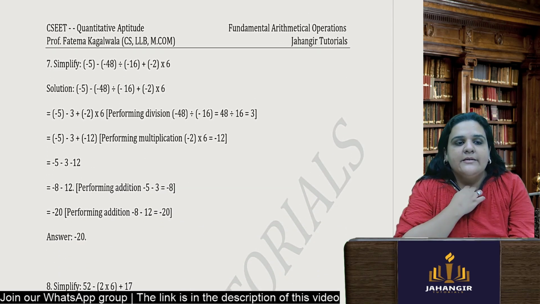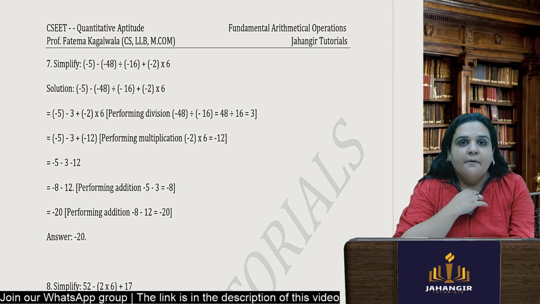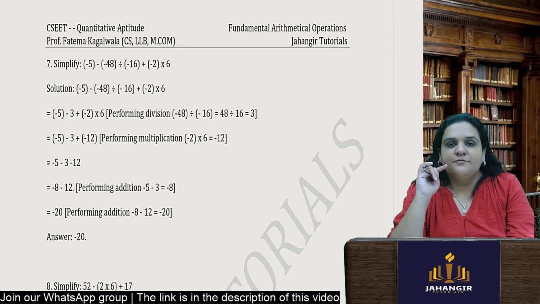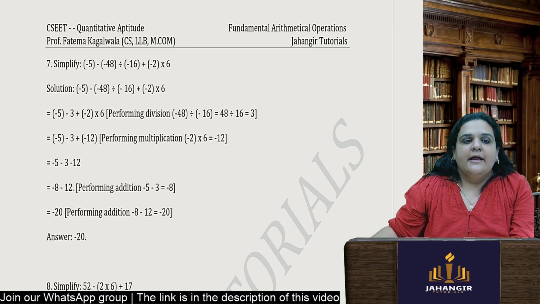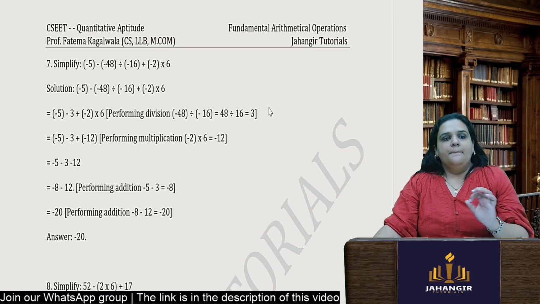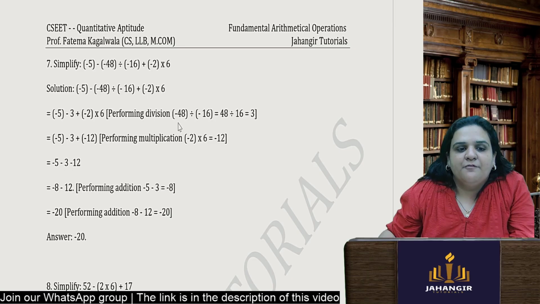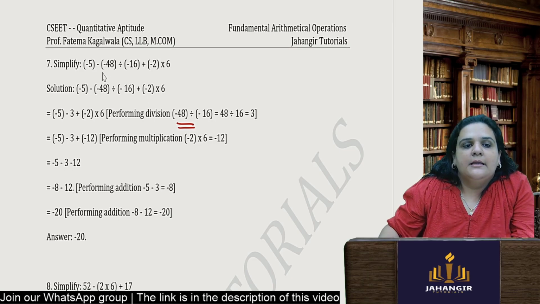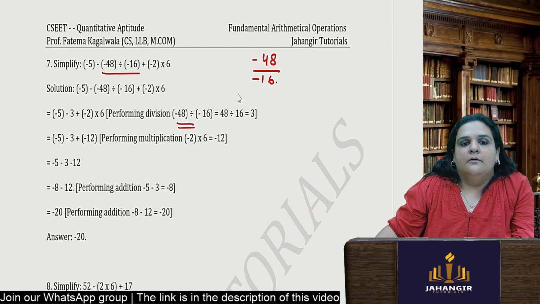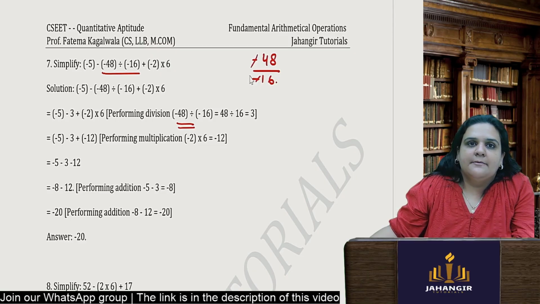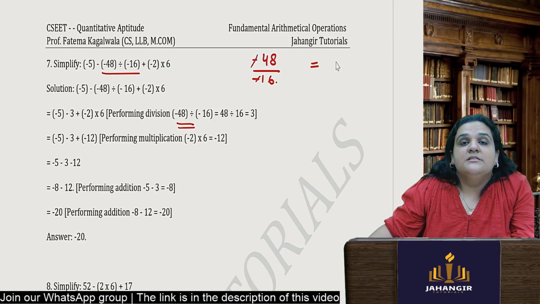Then 7th question. Minus 5 minus 48 divide by minus 16 plus minus 2 into 6. So first perform the division of 48 divide by minus 16. Cut this minus and minus, it will give me a positive quotient which is 3.